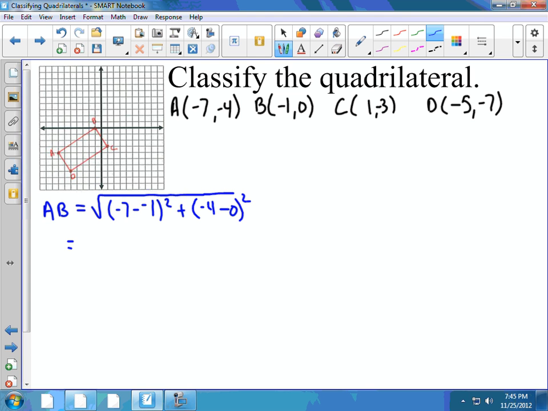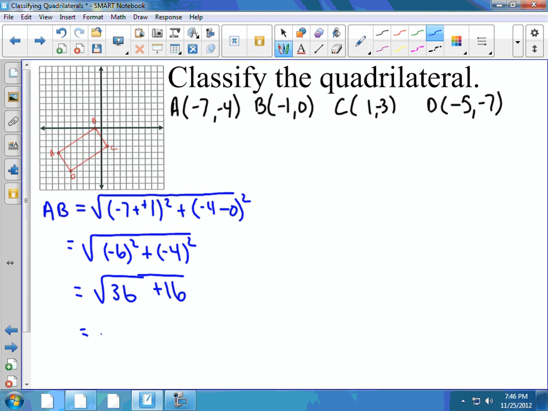So clean this up. We end up with -6 squared plus -4 squared, which is then 36 plus 16, which gets us the square root of 52. And again, I like to mark as I go along.